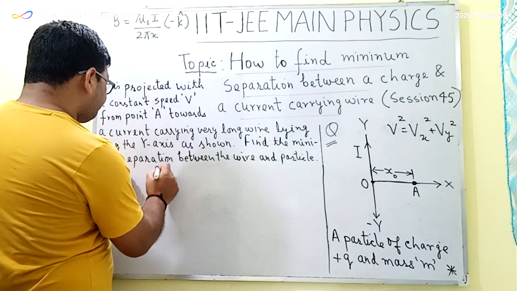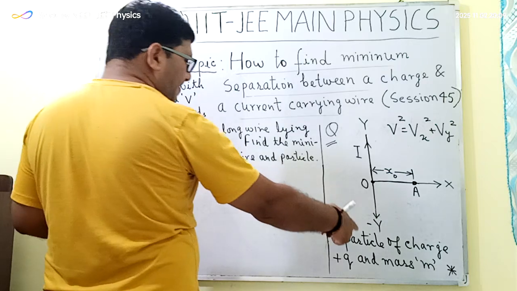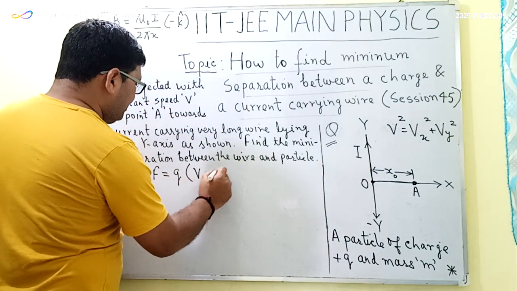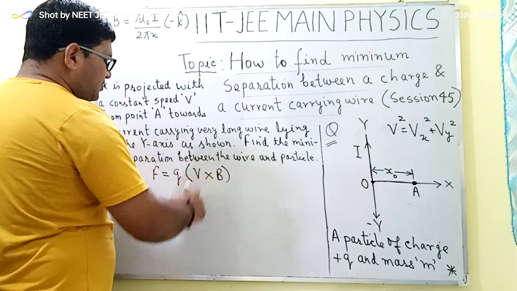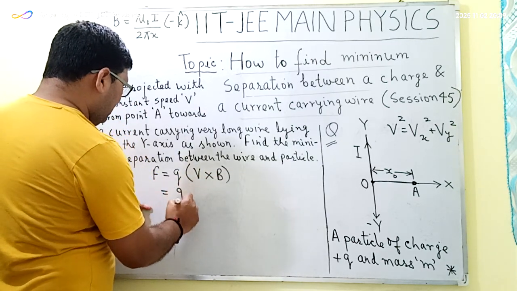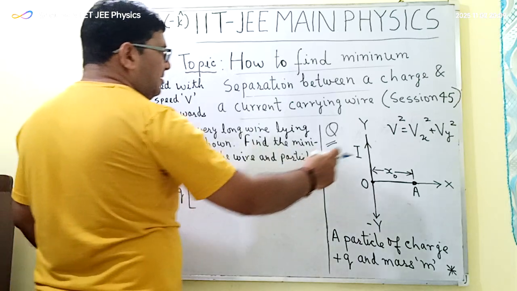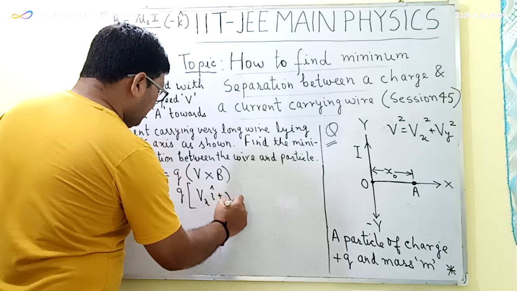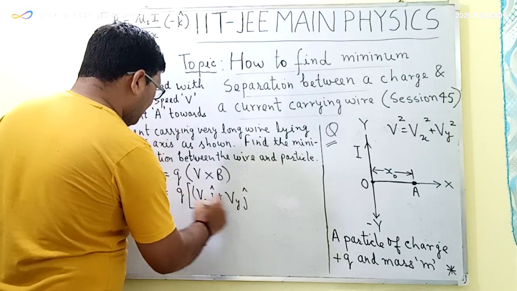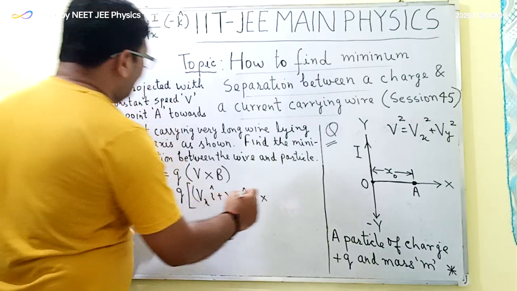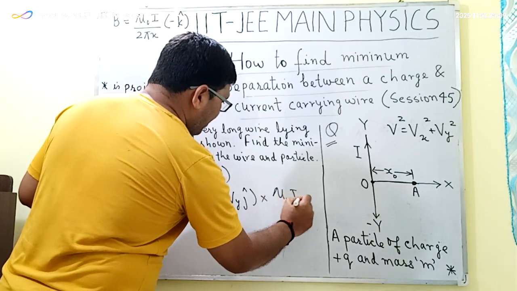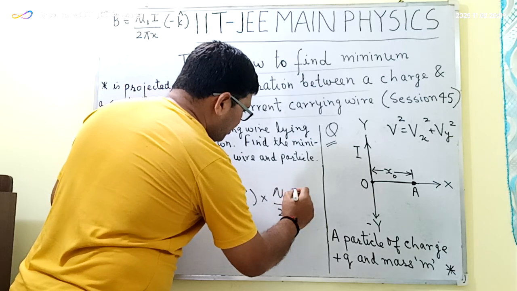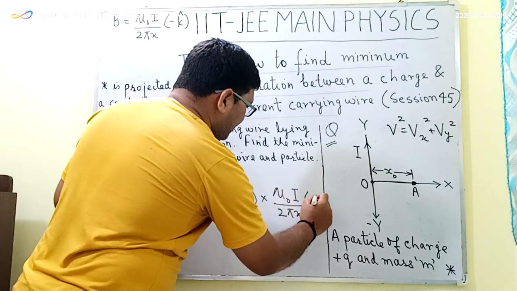Now here the magnetic force on the charged particle will be written as q v cross B. Here v can be written as vx i cap plus vy j cap, cross B, which is mu naught I upon 2 pi x, minus k cap.